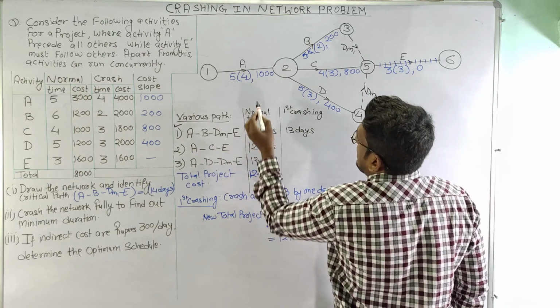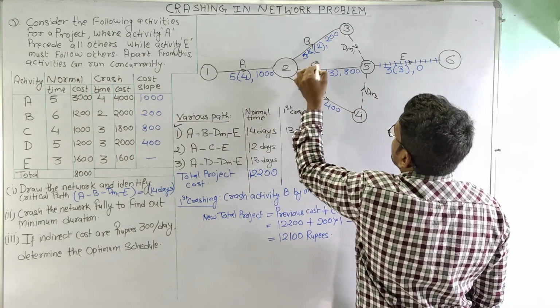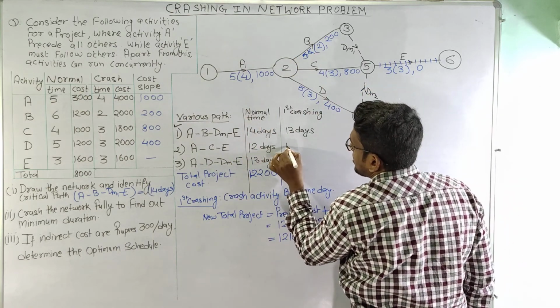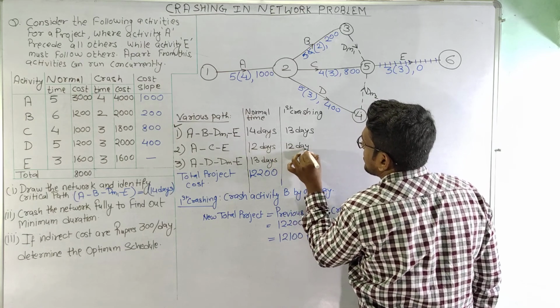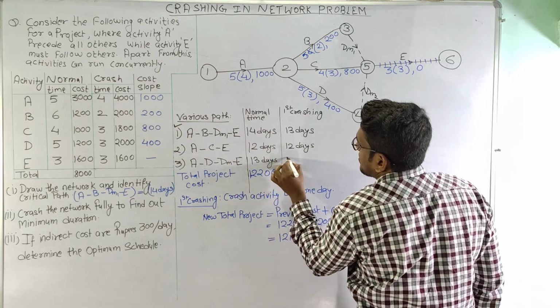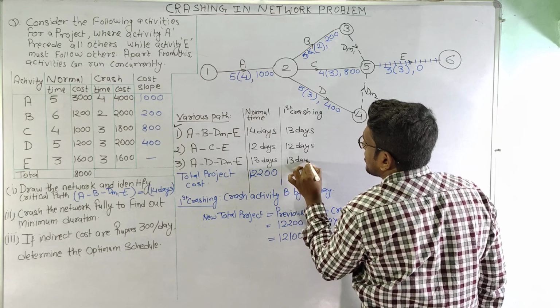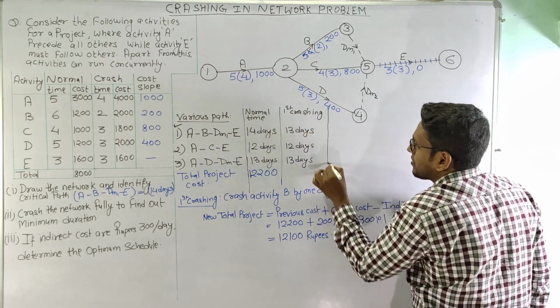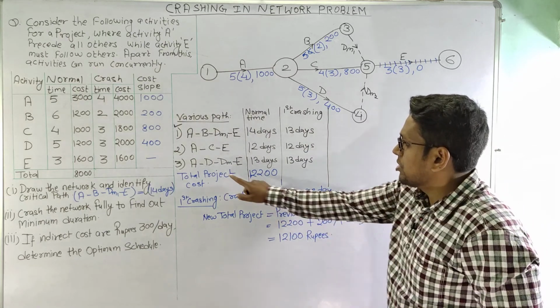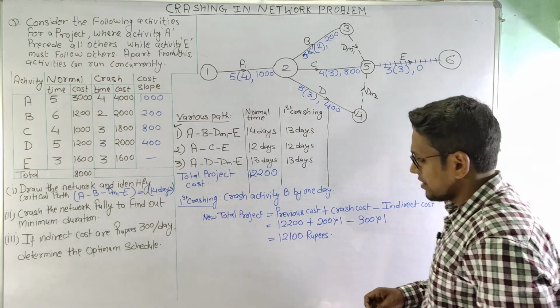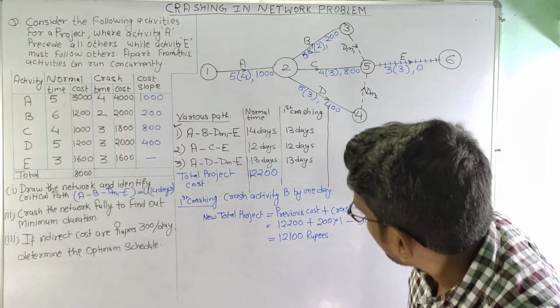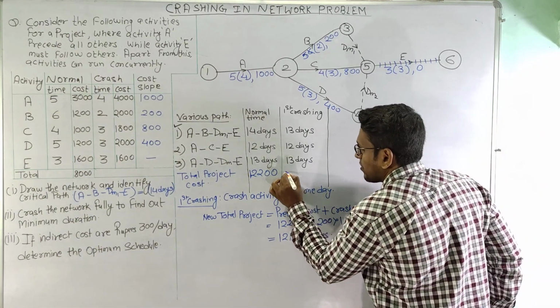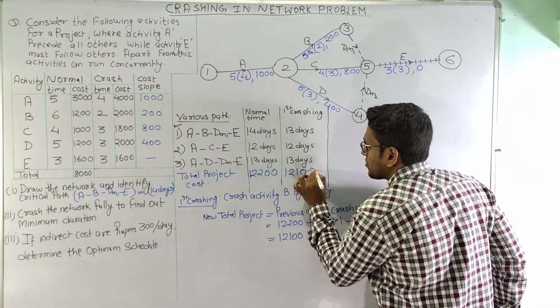And A, C, E, because there is no influence of B, will remain as it is, 12 days, and this will remain as it is, 13 days, because activity B does not affect these two. And the total project cost we have calculated here is 12,100.